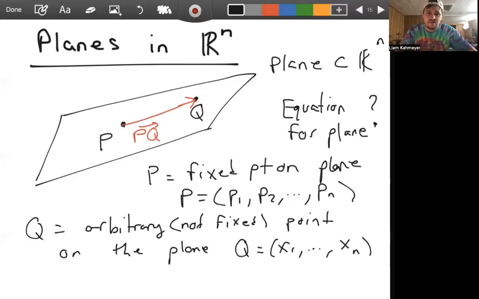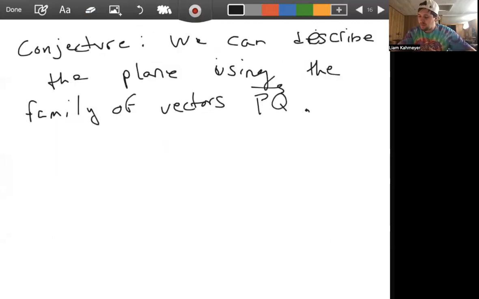And now you may ask, the next thing is, okay, how would we go about proving this conjecture, right? Or verifying that our conjecture is true, right? We don't know if it's true at this point. That's why it's a conjecture. If this were to be true, then we would need a way to explicitly describe this family of vectors, right?